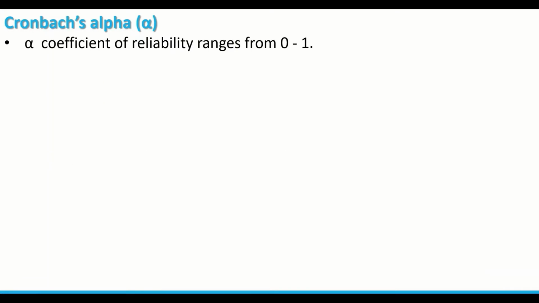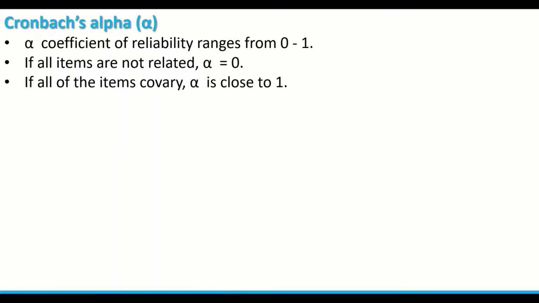The alpha coefficient has a reliability range from 0 to 1. If all items are not related, then alpha is equal to 0. If all the items co-vary, then alpha is close to 1.